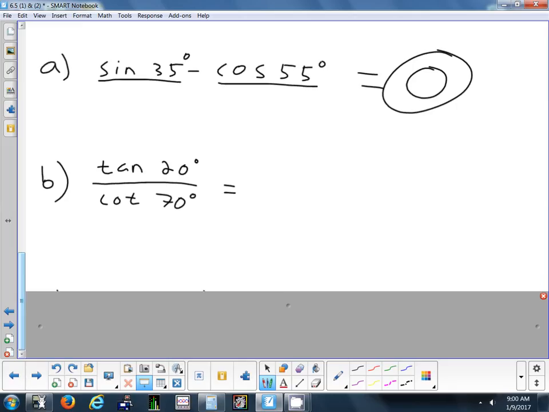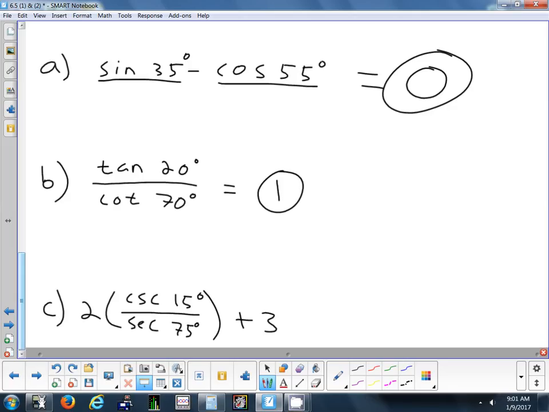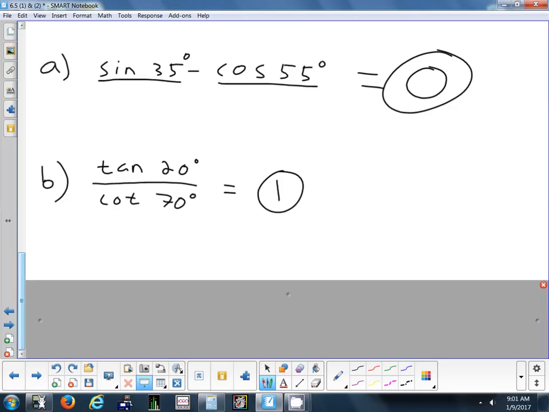Okay. Actually, I think we might have done this exactly up above. What are tangent and cotangent? The cofunctions again, 20 and 70. Complementary. So if you compare what's on the top to what's on the bottom, they're the same thing. I have no idea what the tangent of 20 is or what the cotangent of 70 is, but they're the same thing. And if you divide two things that are the same, you get 1. So this trick works with subtraction.